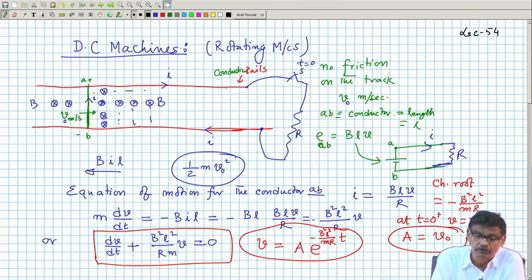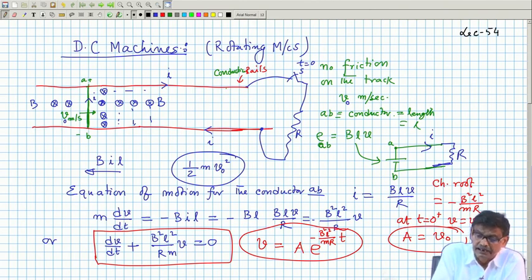Where will this power come from? It must come from the kinetic energy of this conductor AB. The initial energy stored was half m v naught square, and it is coming from that. Physically we then expect that velocity will gradually decrease, and so also this EMF will decrease, current will decrease, and finally everything will be quiet, no voltage, no current, and whatever initial energy was stored will be dissipated in R.